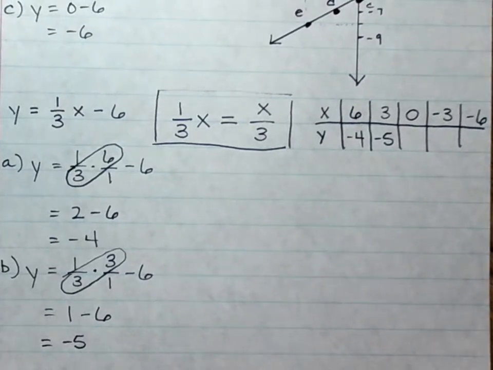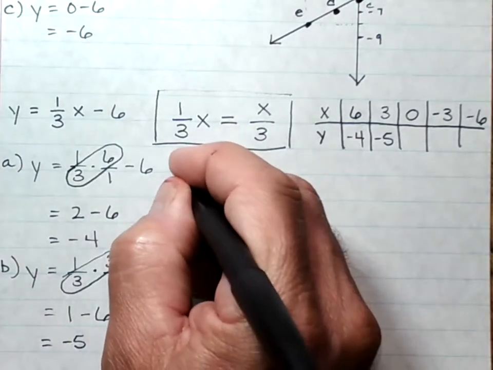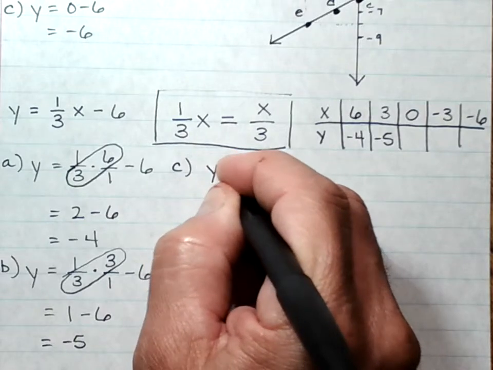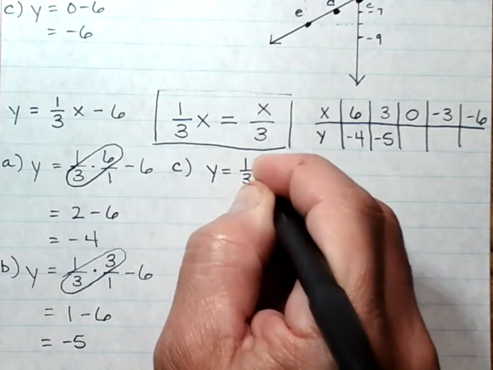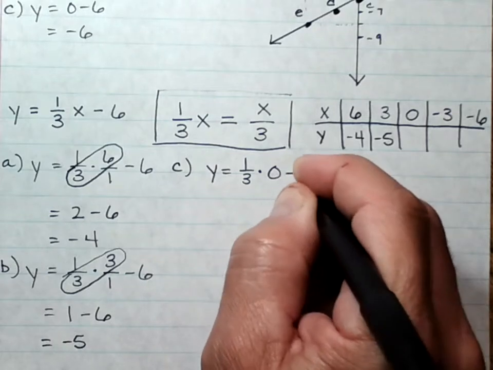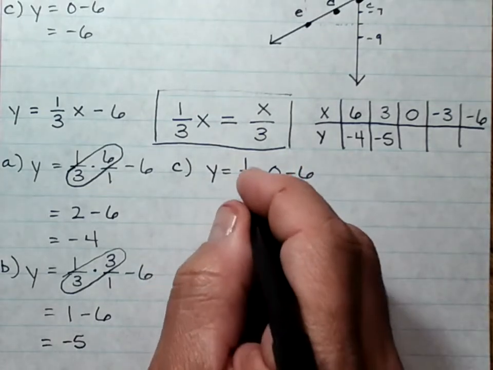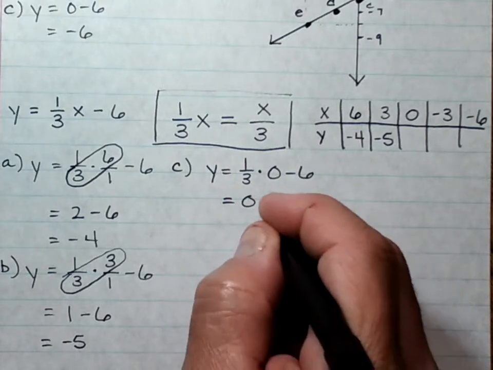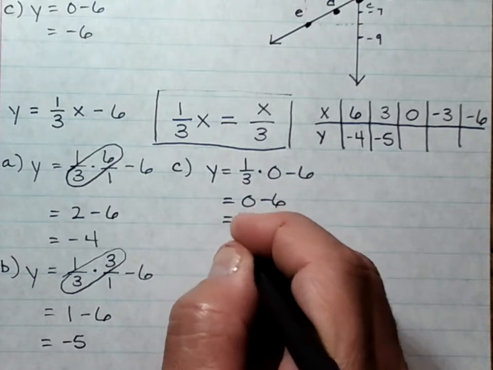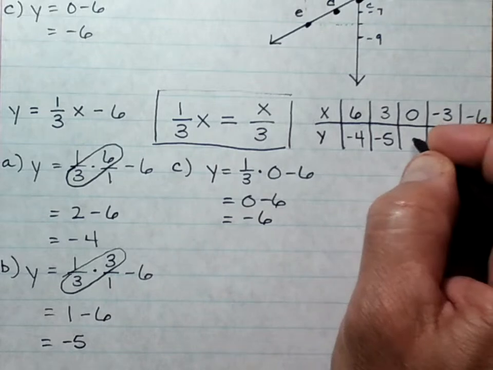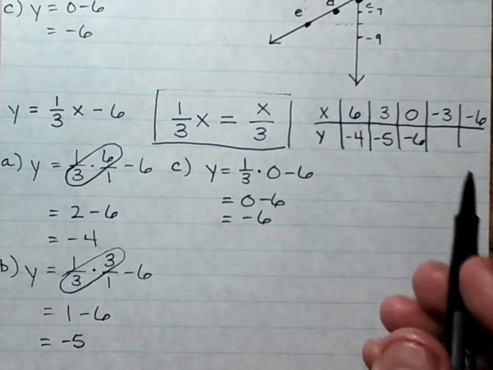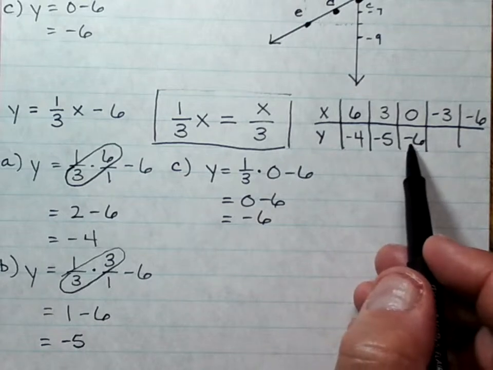C. Here comes the 0. Y equals 1/3 times 0 minus 6. Well, anything times 0 is 0. 0 minus 6 is negative 6. Again, the pattern, negative 4, negative 5, negative 6.